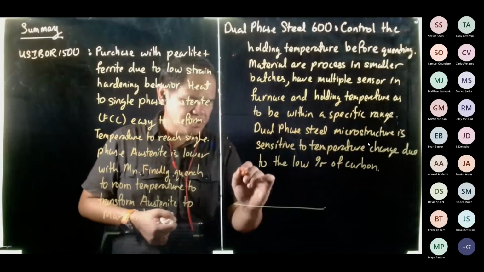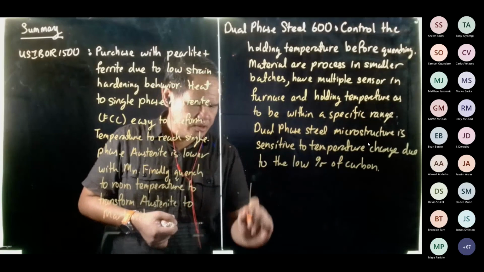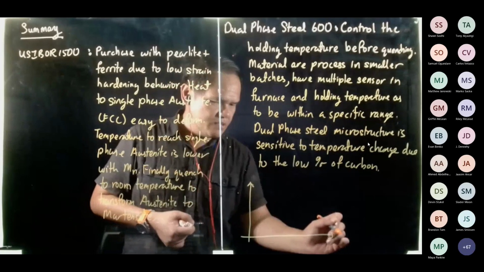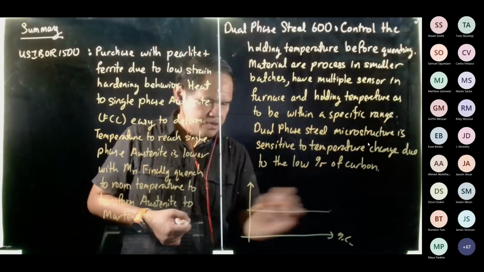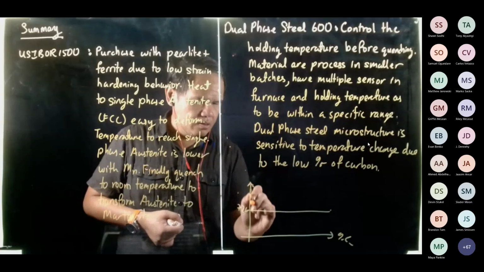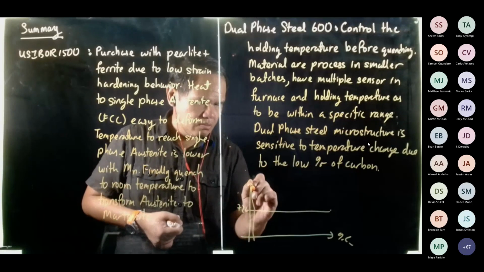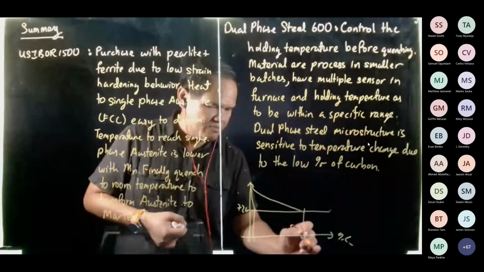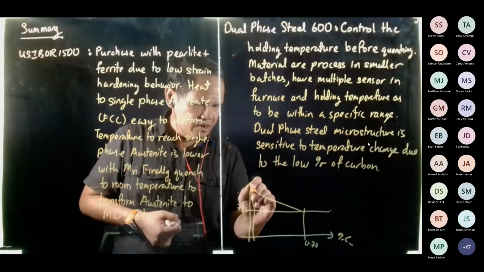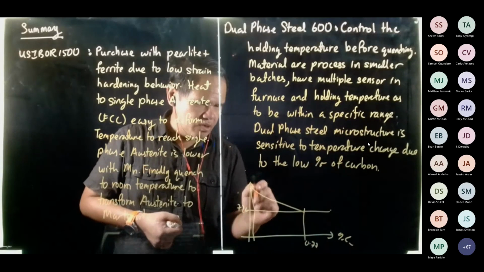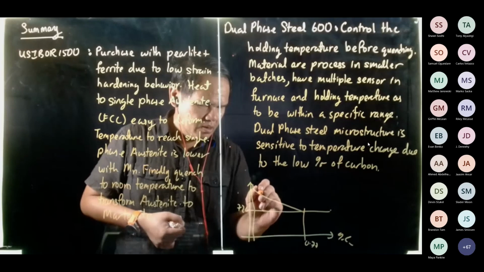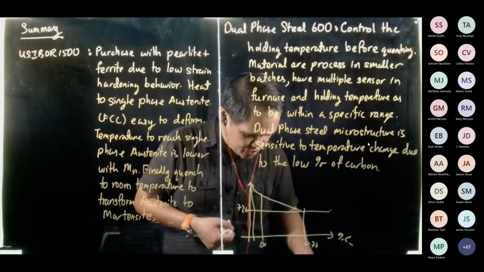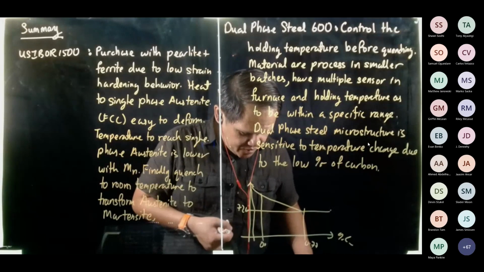If you look at the phase diagram, this is percentage of carbon. This is your 726 line. If this is 0.77, then this is, I should have drawn it to scale, about 0.123 percentage of carbon, I think.